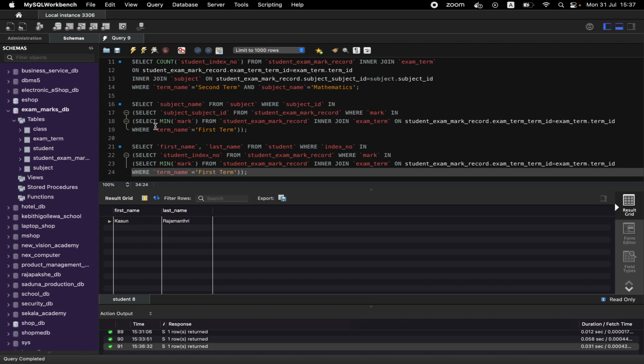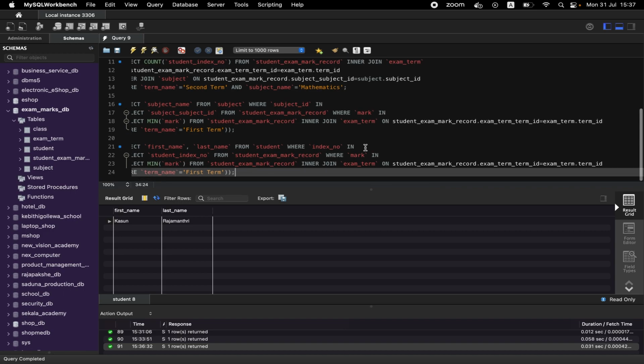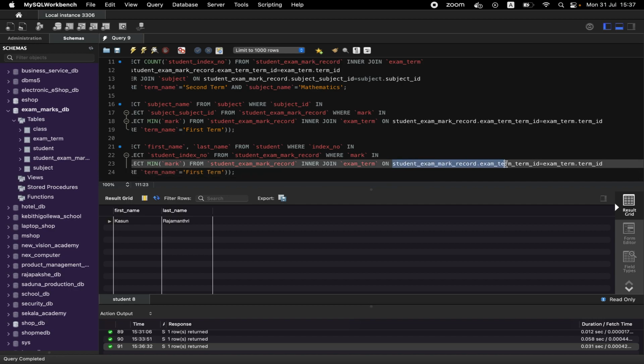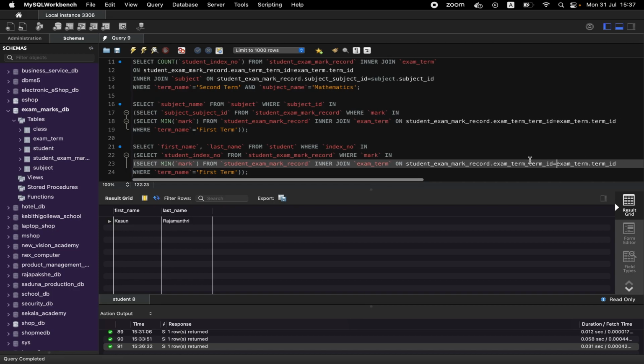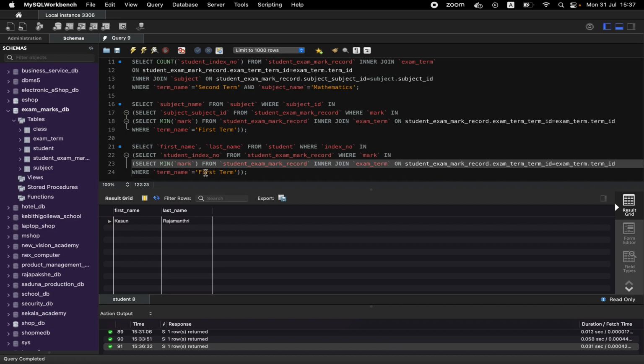To get the minimum mark, we are writing another subquery: select minimum marks from student exam mark records and inner join exam term, and bind these two tables using student exam mark record dot term id equals term table term id, where the term name equals first term.